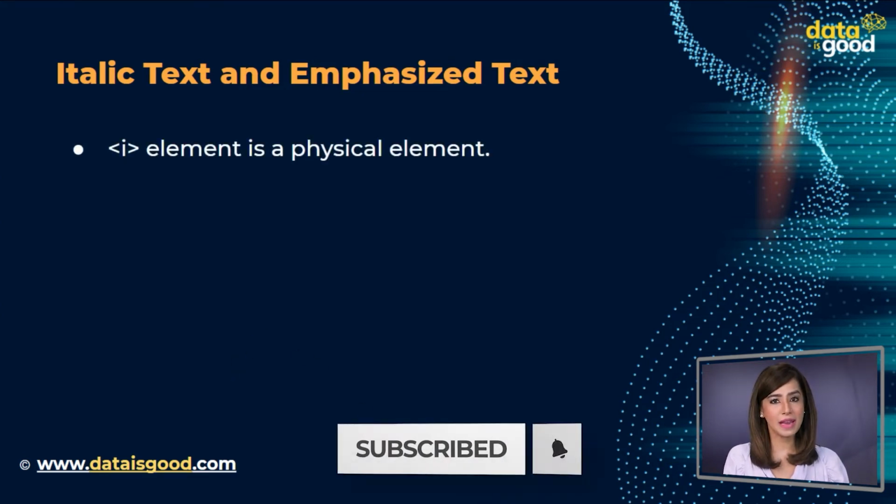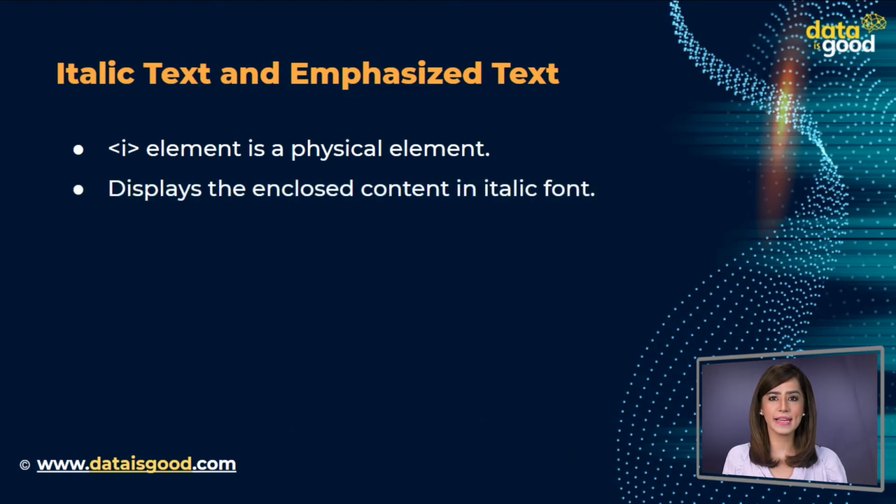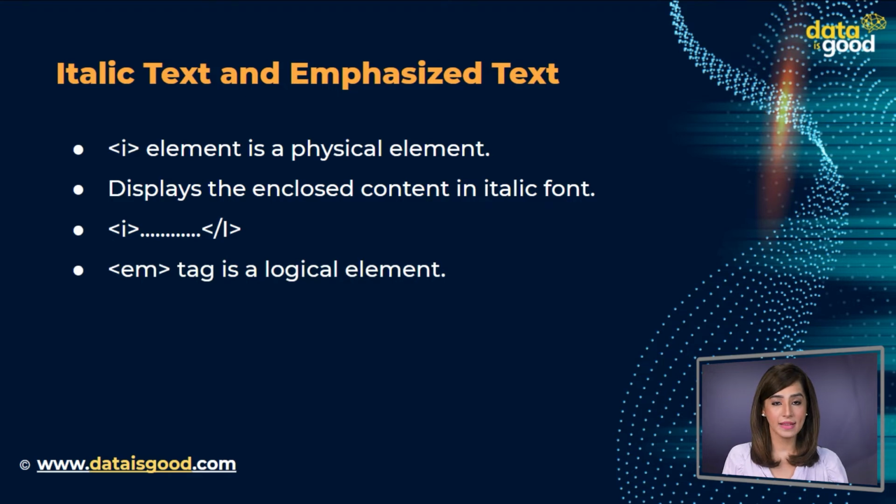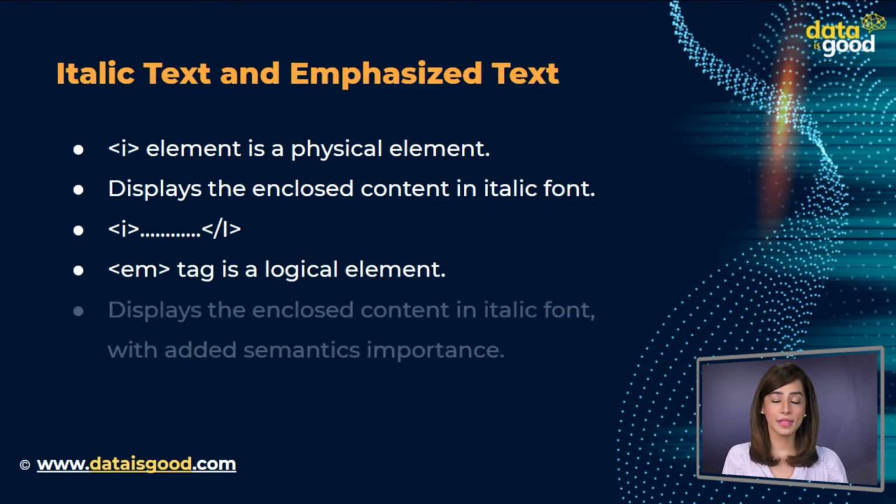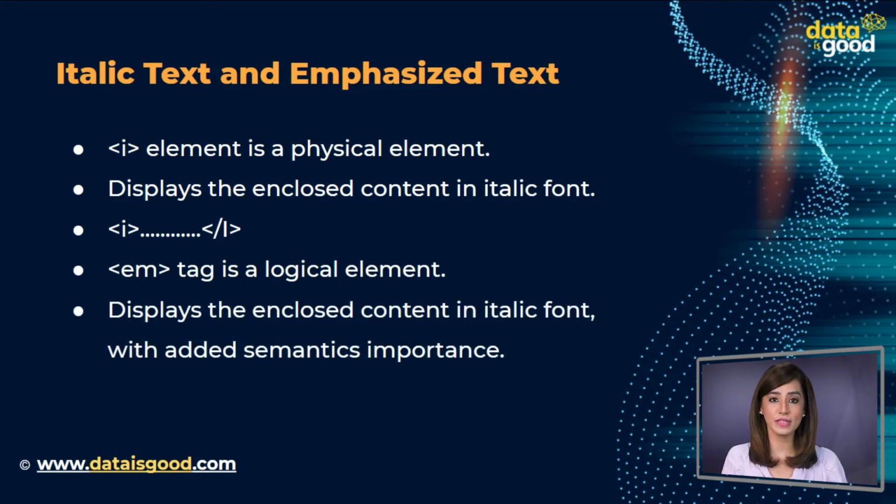Italic text and emphasized text. The HTML i element is a physical element which displays the enclosed content in italic font without any added importance. If you write anything within the i element, it is shown in italic letters. The HTML em tag is a logical element that displays the enclosed content in italic font with added semantic importance.